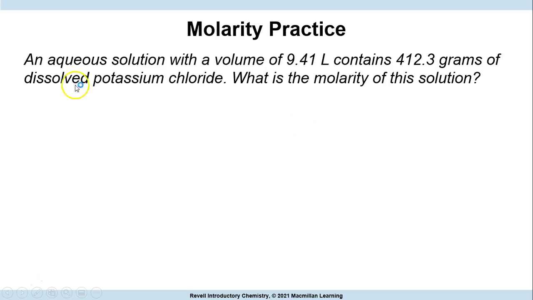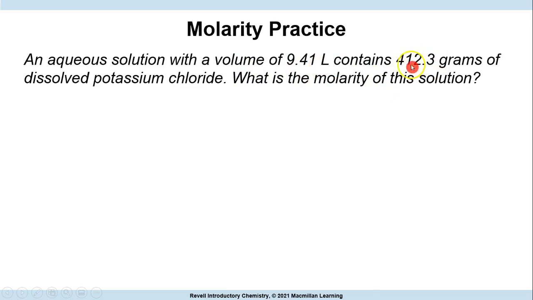Now let's look at this practice problem. An aqueous solution with a volume of 9.41 liters contains 412.3 grams of dissolved potassium chloride. What is the molarity of the solution? So we've been given the grams and we've been given the volume. Remember, to calculate the molarity, it is the moles over the volume in liters.